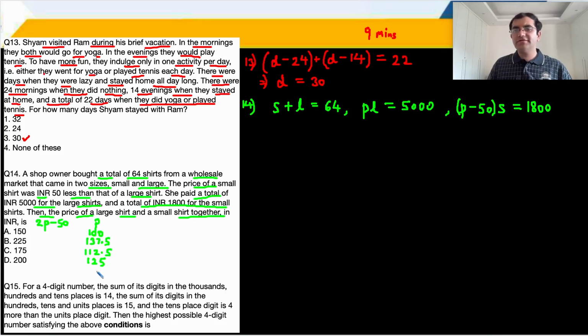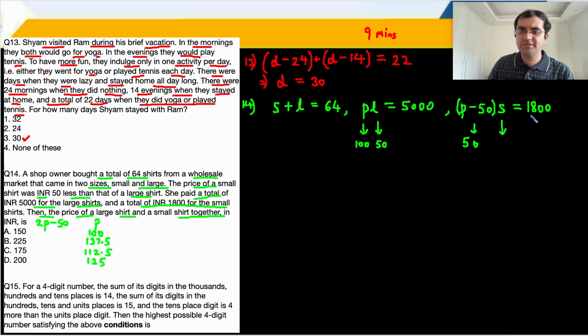And obviously, if I want to use the options, I'll start with the easy options first. So let me put 100 over here. If P is 100, then L becomes what? 50, since 100 into 50 is 5000. And if P is 100, then this term becomes 100 minus 50, which is 50.